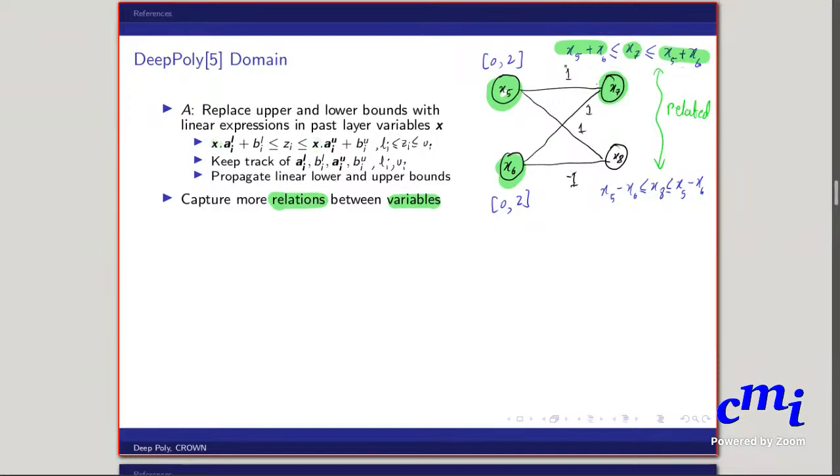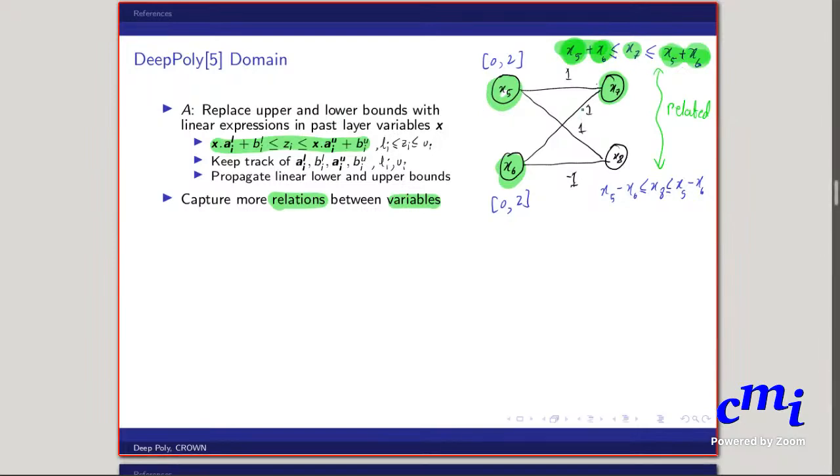But what you can do is then back substitute x5 and x6 in terms of more relations of this form. So you will have some relation where x5 is between some relation involving x4 and x3. X5 is again less than or equal to something times x4 plus something times x3, and so on. And you can substitute that into here. Similarly, you can substitute the upper bound and lower bound for x6.